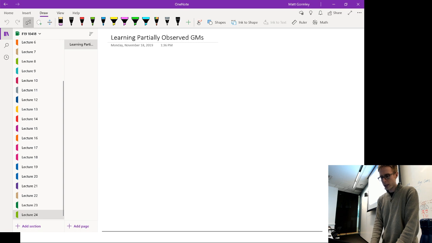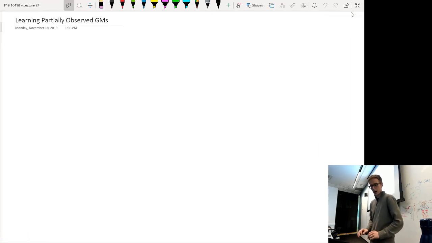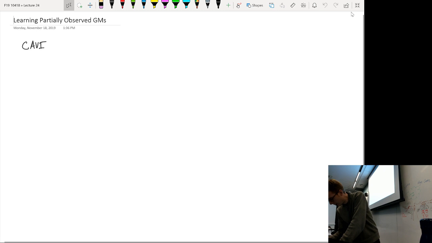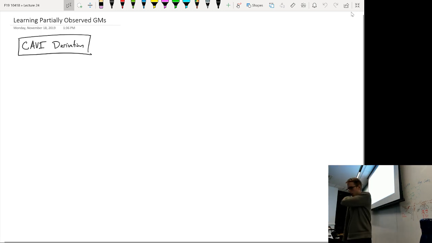Okay, so why is it that we end up with that update rule for coordinate ascent variational inference? Essentially, it's a function of two important properties.